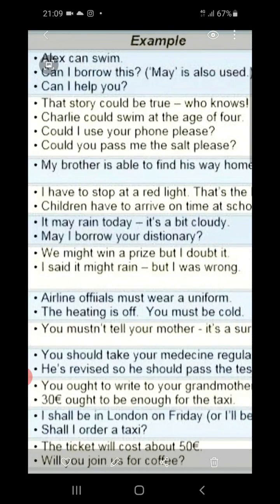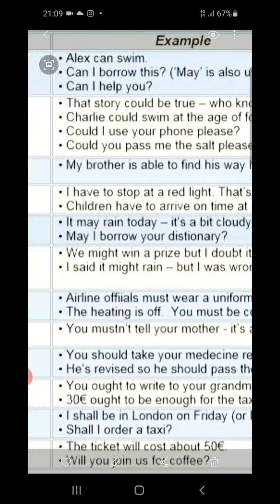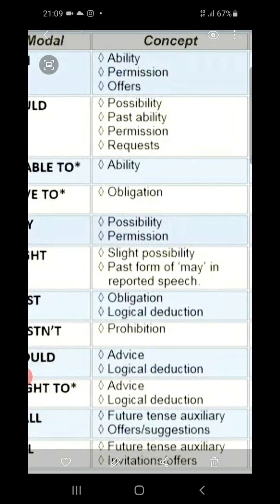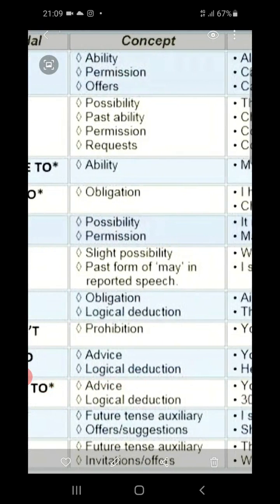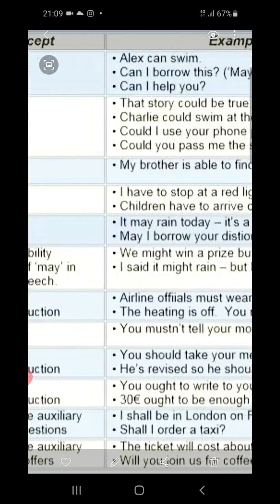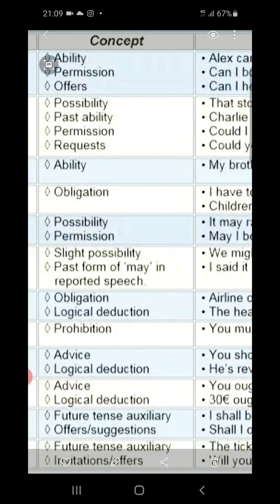I shall be in London on Friday, or I will be. Okay, so here shall is used to express basically future time, and it is acting as the helping verb almost.